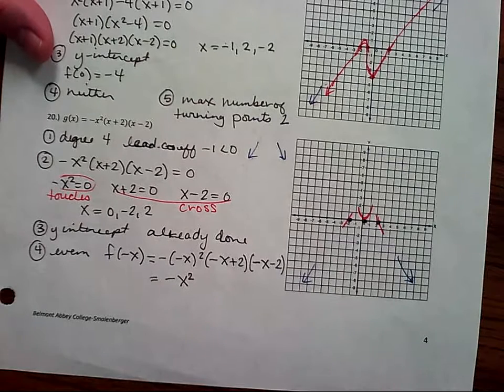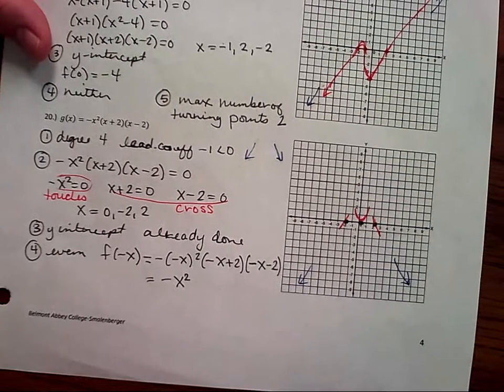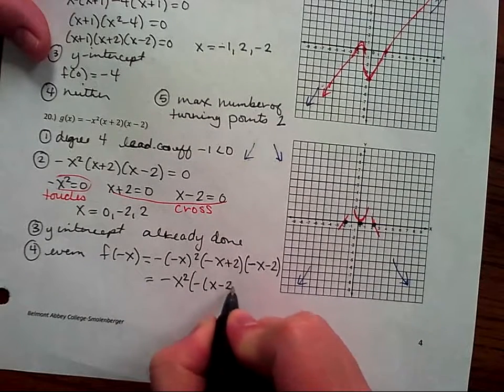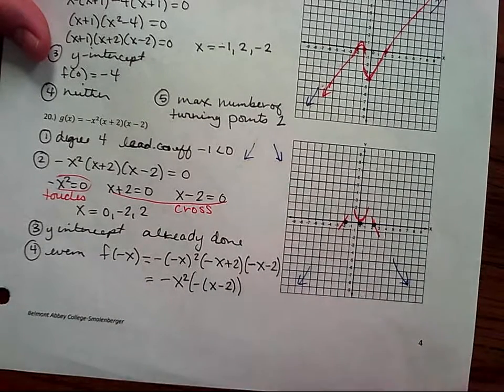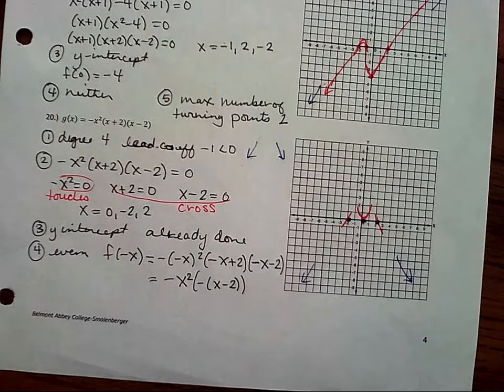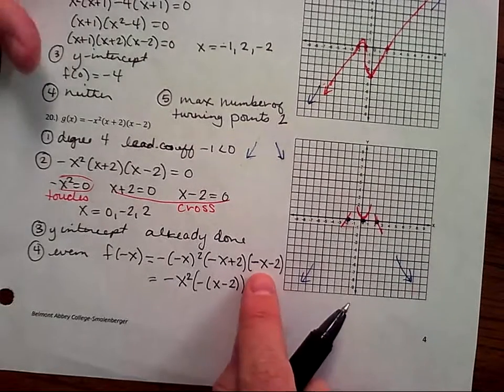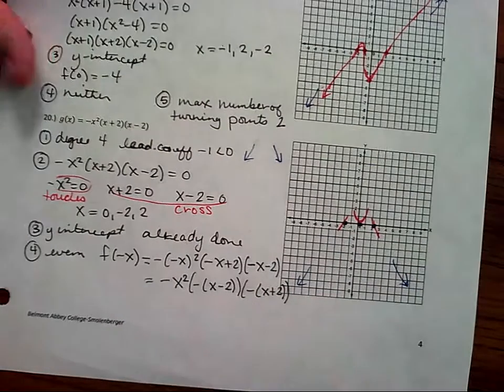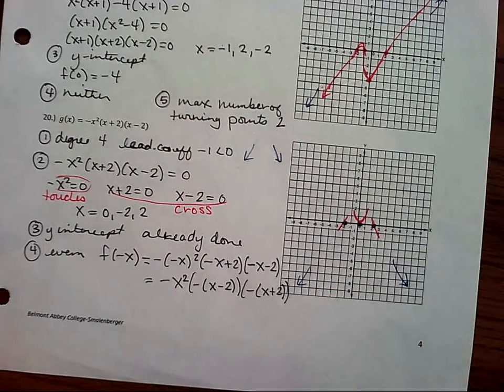What happens here? Can I factor a negative 1 out of this? Is that okay? Can I factor a negative 1 out of this one? Is that okay?